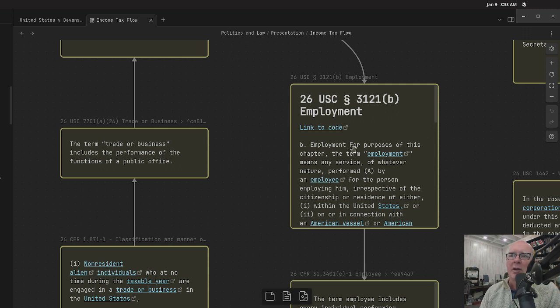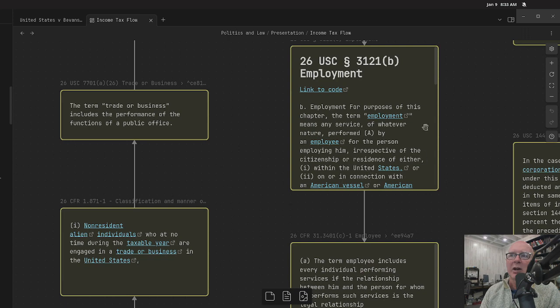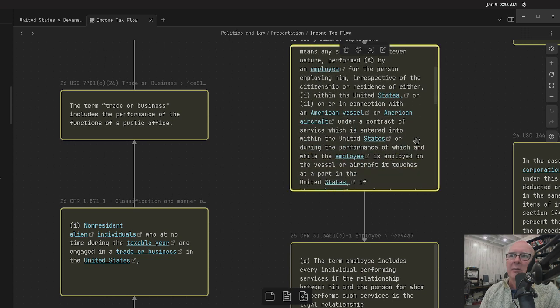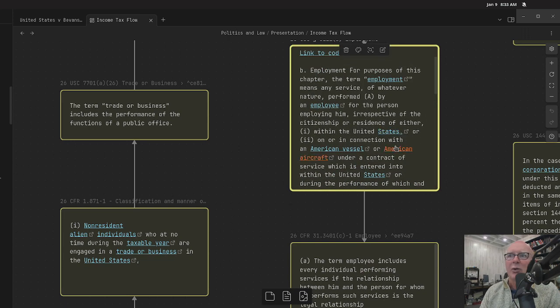So employment, for the purposes of this chapter, the term employment means any service of whatever nature performed by an employee for the person employing him, irrespective of the citizenship or residence of either within the United States or in connection with an American vehicle, American plane, boat, whatever.